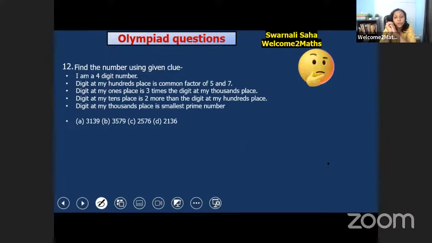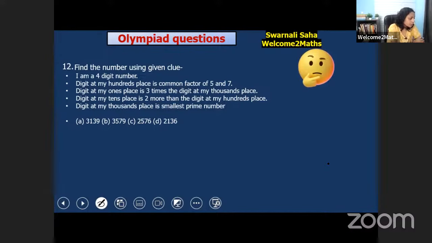Find the number using given clue. So let's see the answer. Then you can check you did right or wrong.